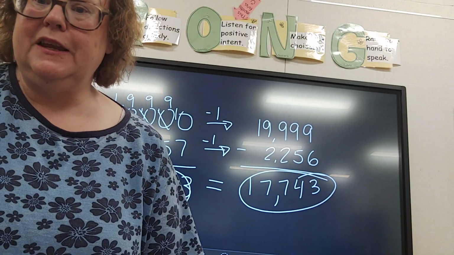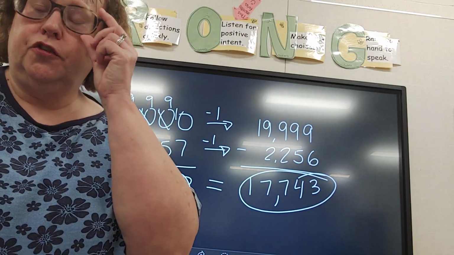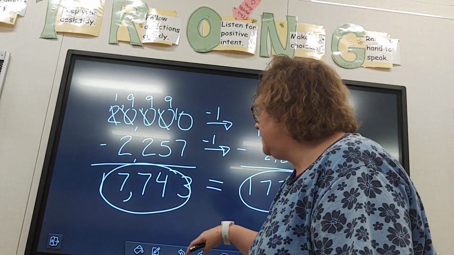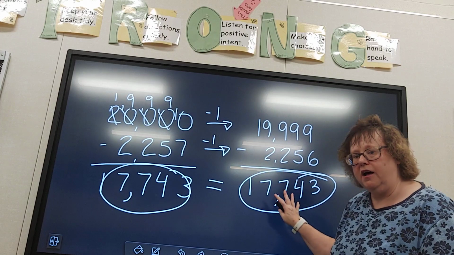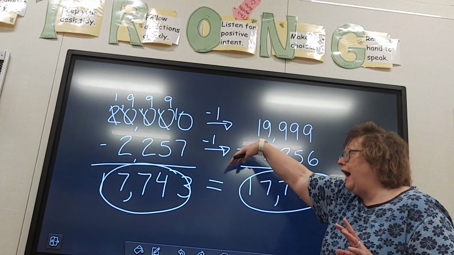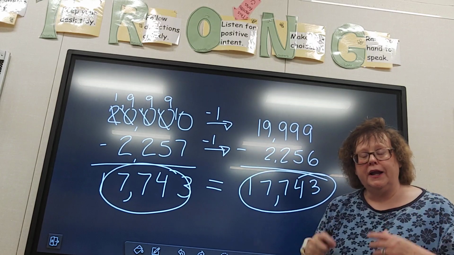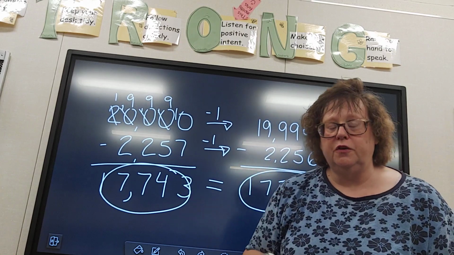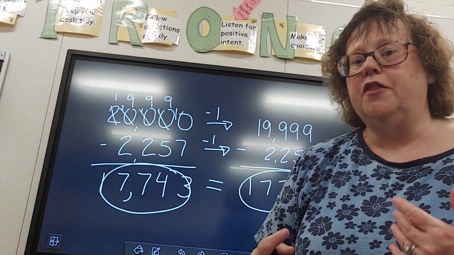Wow. Mind blown. So I want you to try this on your exit ticket. I want you to actually solve each problem twice. I want you to try to use the law of conservation. I won't tell you what you're going to add or subtract to each number, but work it out in your head, whatever works well in your head. But then I also want you to do it the traditional way, just to make sure you're getting the right answer.